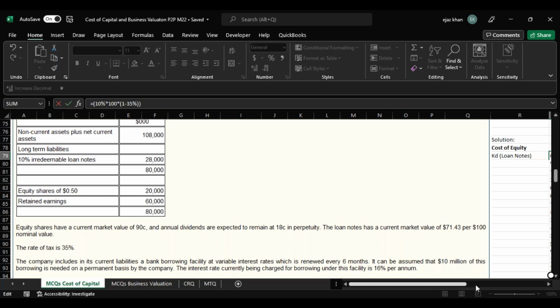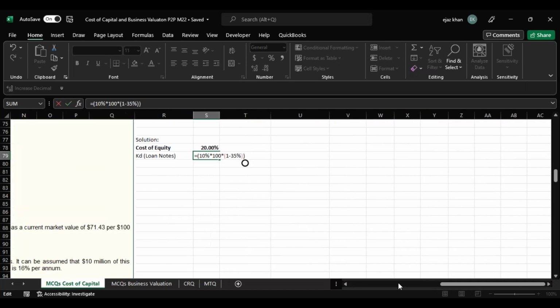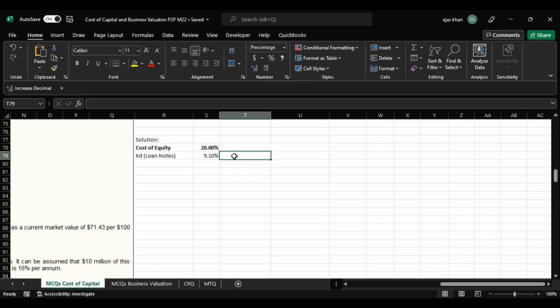So in order to convert it into a percentage, we have to divide it by the current market value of this loan note, divided by 71.43. If we divide this after-tax amount of interest by the market value, we'll get the cost of debt, which is approximately 9.1%.